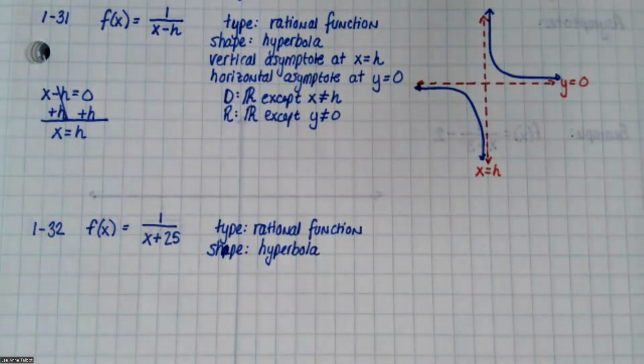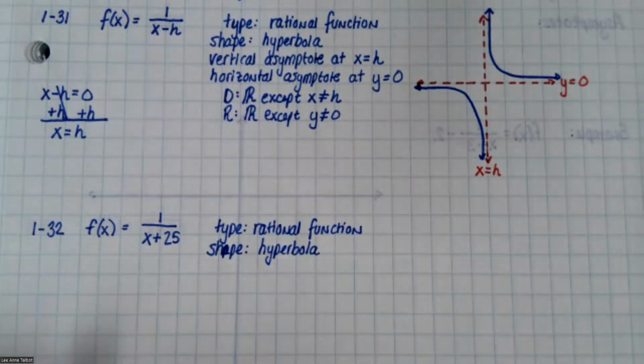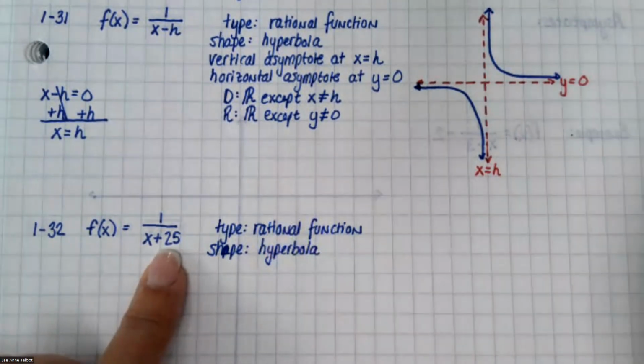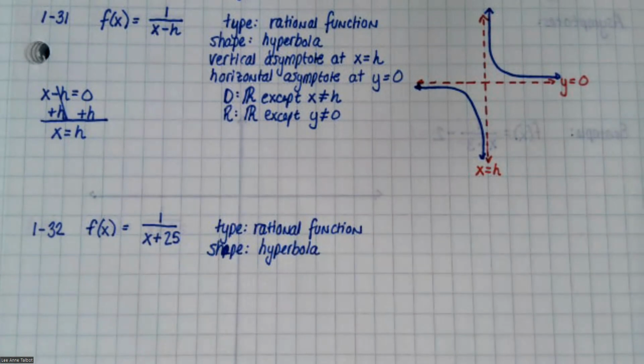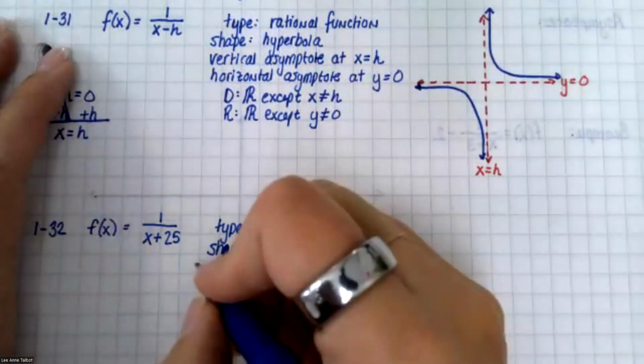Okay, now this is where we're going to get into the serious part. Also, I'm a lazy human being, and from now on, the whole rest of the chapter, I'm going to write VA in capitals for vertical asymptote and HA for horizontal asymptote.